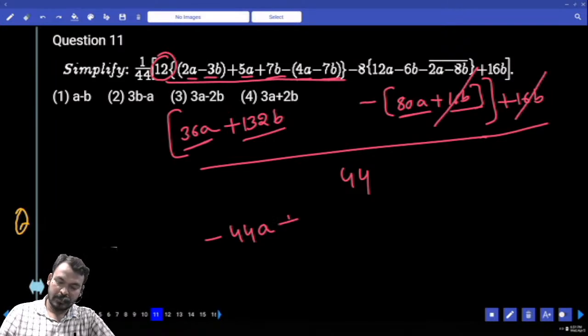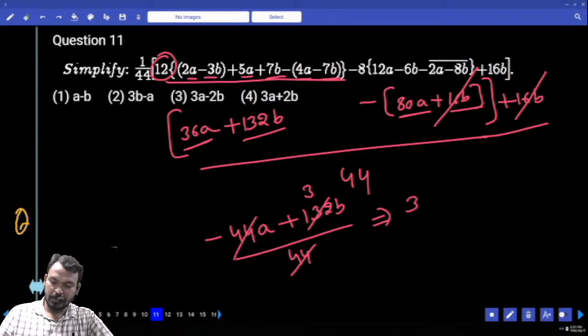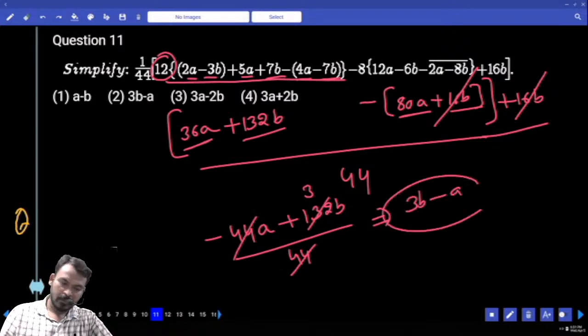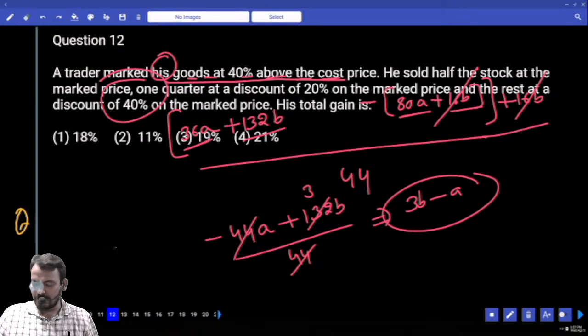Plus 132B divided by how much? 44. 44 ones are 44, threes are nothing but 3B minus A. Which option? Second option. Next question number 12.